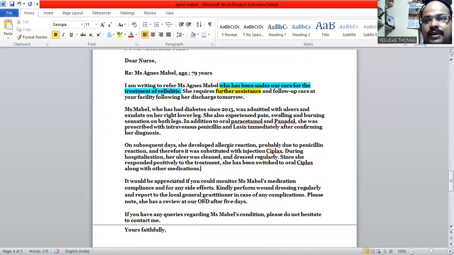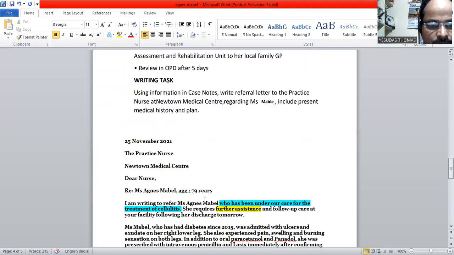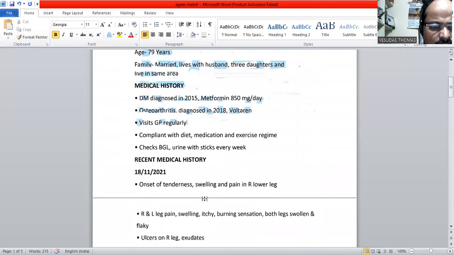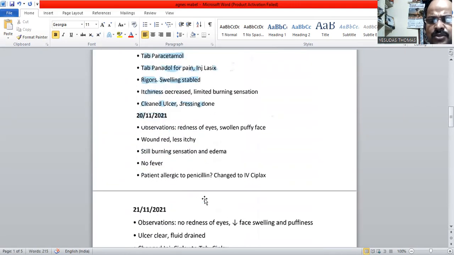Diabetic since 2015 is there in the first paragraph. So that thing is relevant. So it's included. Osteoarthritis, I think it's in 2018 there. Yes, 2018.